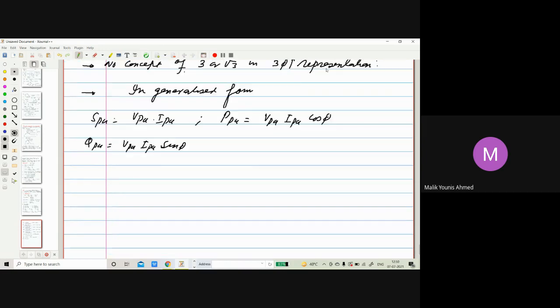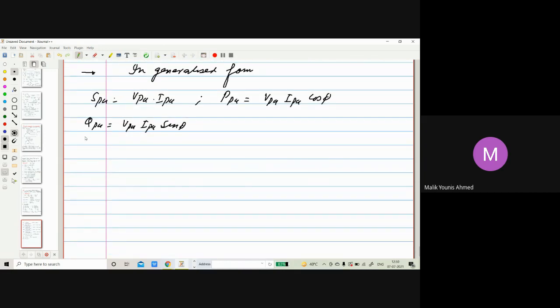So if we are going to draw the power triangle, how are we going to draw this? Again, I am drawing it for your information.